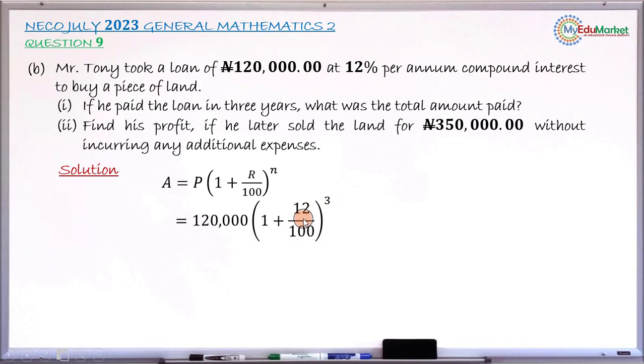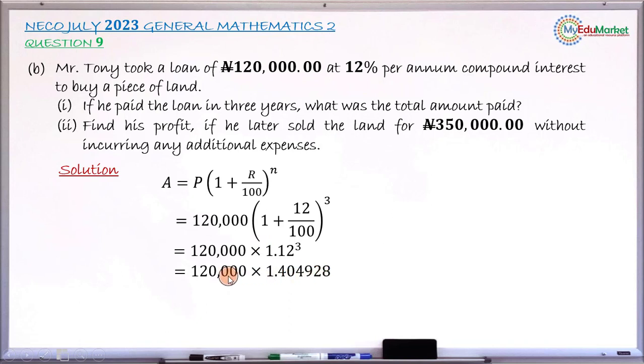Dividing 12 by 100 and adding the result to 1 gives 1.12 raised to the power of 3. The power 3, I just copied it. Finding the value of 1.12 raised to the power of 3 correctly gives 1.404928.